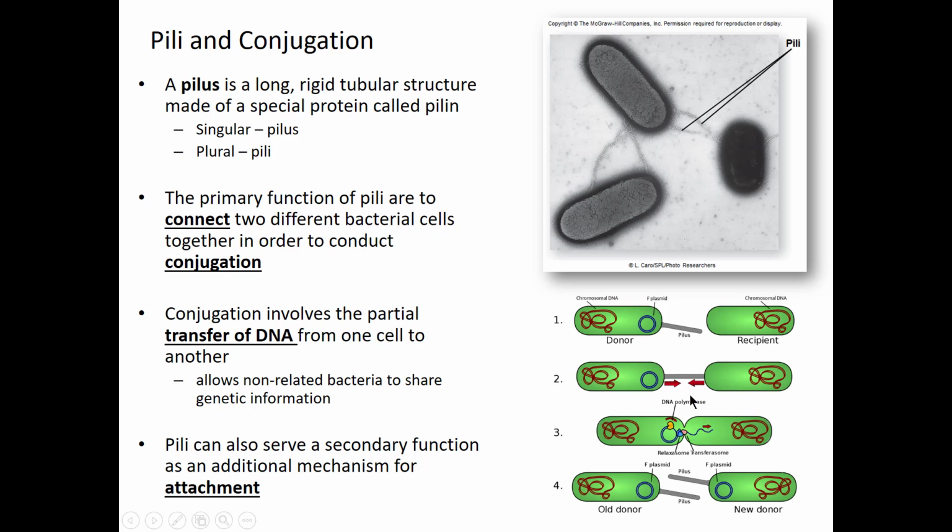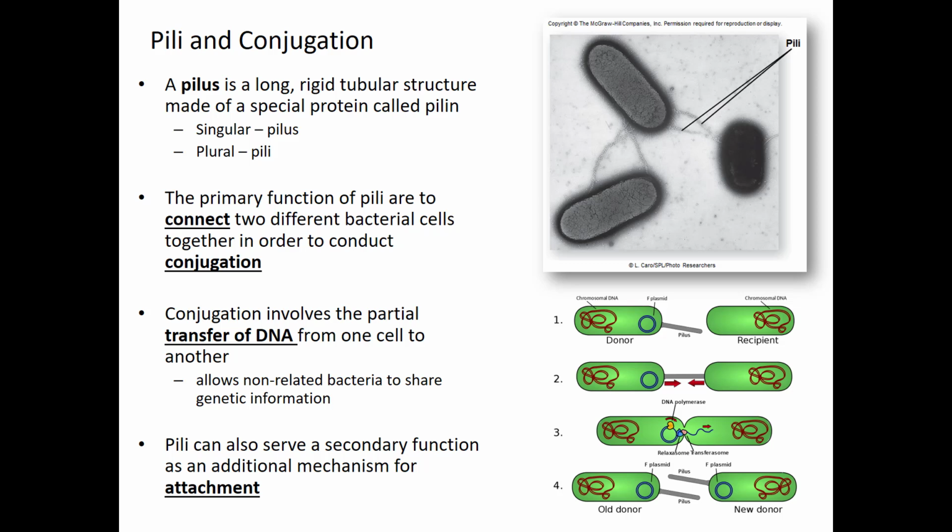We don't see this in animals or most higher level animals for that matter. So it's a unique process that bacteria go through, but it allows them to quite literally swap their DNA back and forth, absent of some kind of sexual or asexual replication. So you can pass your DNA on to your offspring through replication, but you can also pass your DNA on to the cell that just so happens to be sitting next to you through conjugation.